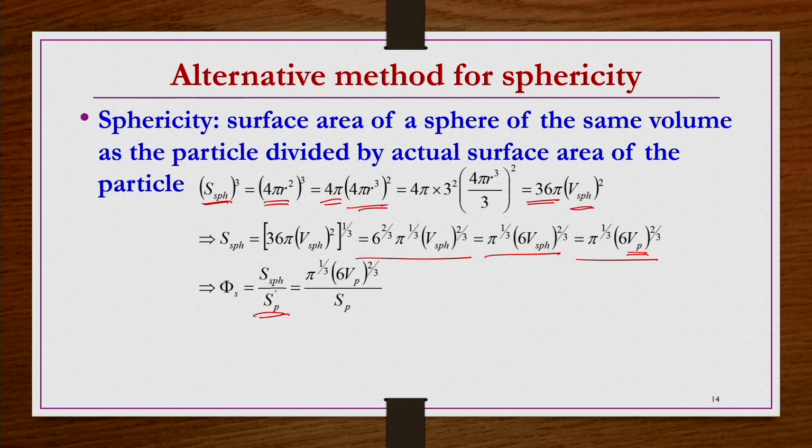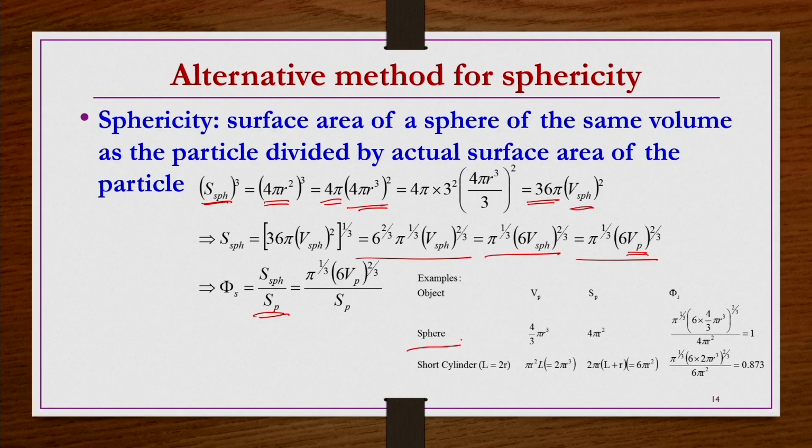So, S spherical particle we obtained as pi power 1 by 3 (6 Vp) power 2 by 3 divided by Sp. Now, Vp and Sp you calculate for a given particle, just substitute here, you get pi s. Only thing is that we just bypass the calculation of the nominal size of the particle by doing this alternative method, otherwise it is the same thing as previously.